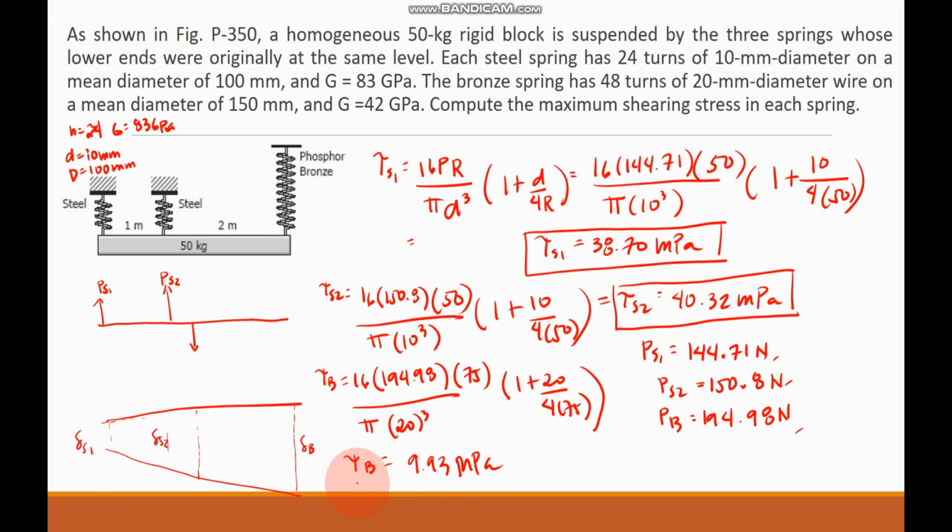So these are the answer for this question. The shearing stress for spring number 1 is 38.7, for spring number 2 40.32 megapascal, and for the bronze it is equal to 9.93 megapascal.